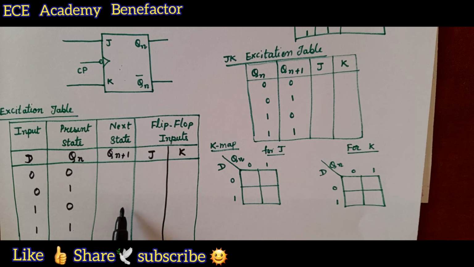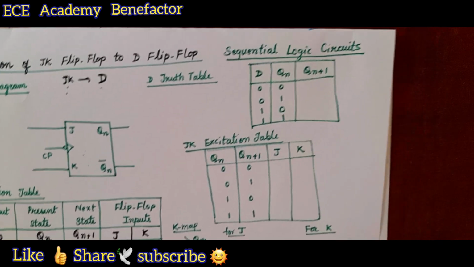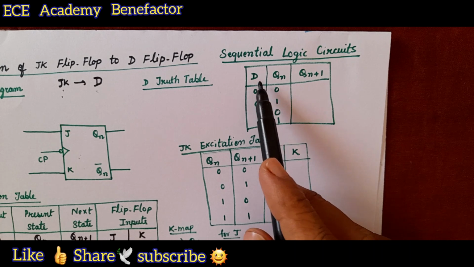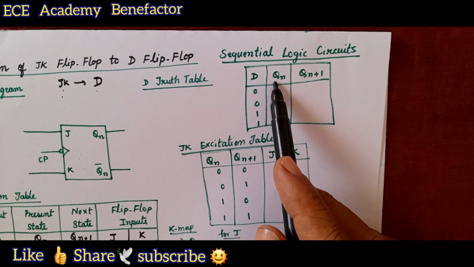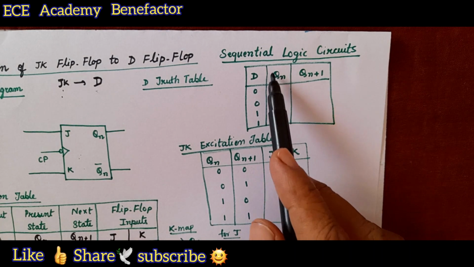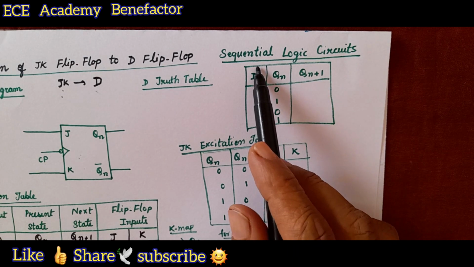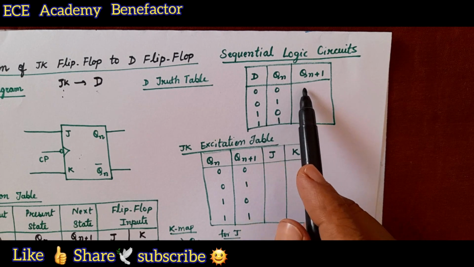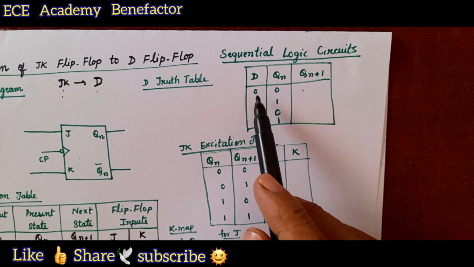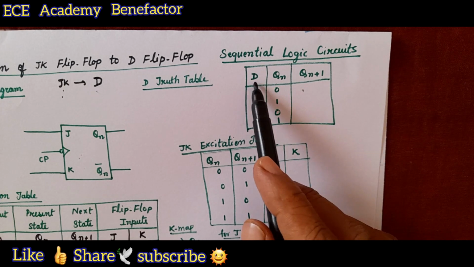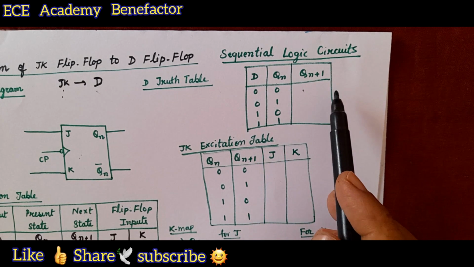To fill the next state, we should know the truth table of D flip-flop. So, you know the D flip-flop truth table. This is a D truth table. Truth table will have D and Qn, that is D and Qn is the present state, Qn plus 1 is the next state. So, whatever is in the D column, the same will be reflected in Qn plus 1. What is D flip-flop? Delay flip-flop. Whatever is the input, it is appearing at the output with certain delay.